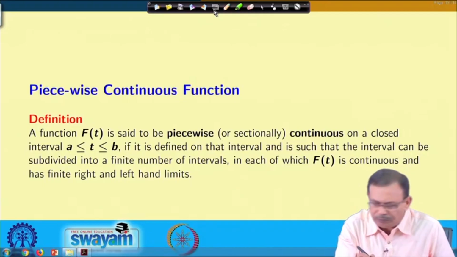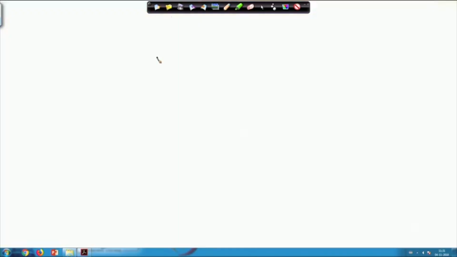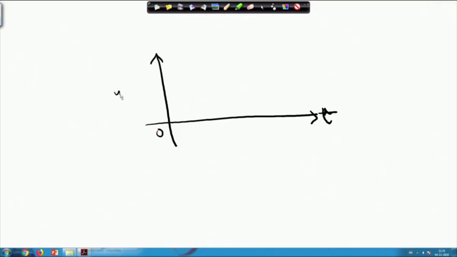Say for this one, you have, so this is your t, this is your 0. On this side you are defining say any function y equals f(x). Your entire domain may be from here to here, a is here, b is here.